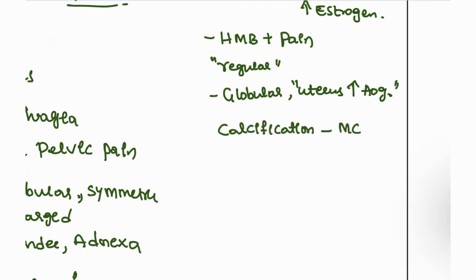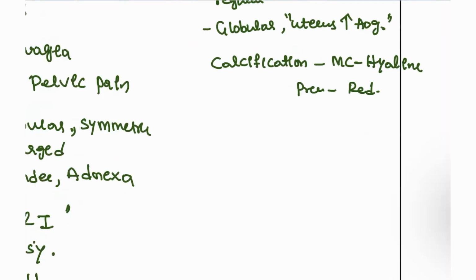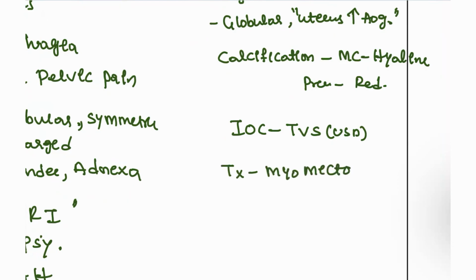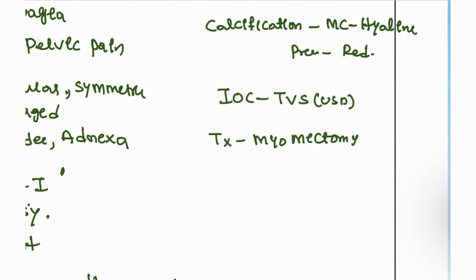The most common is hyaline, and in a pregnant patient you are going to see red degeneration. That is the first thing you have to remember. Next, the investigation of choice for this patient is transvaginal ultrasound. Next, as the treatment, we can go for myomectomy if they are small fibroids.